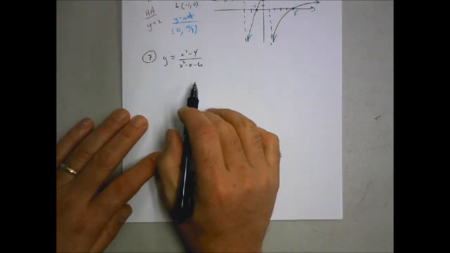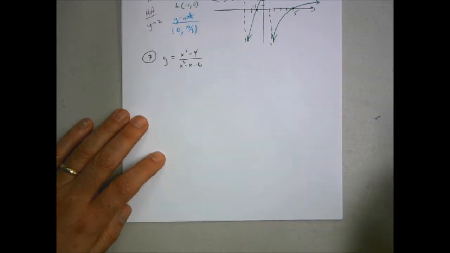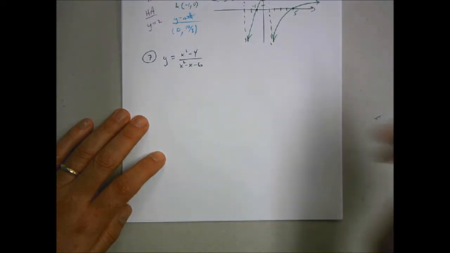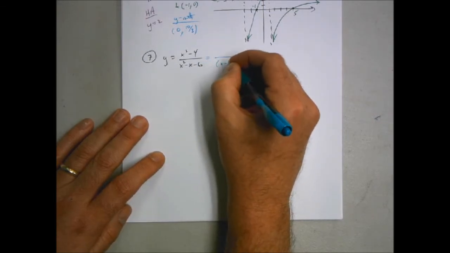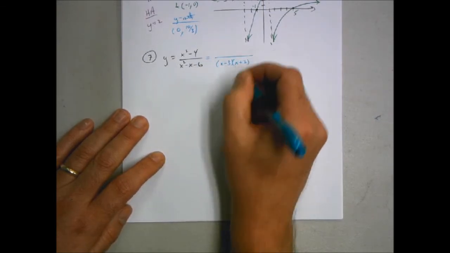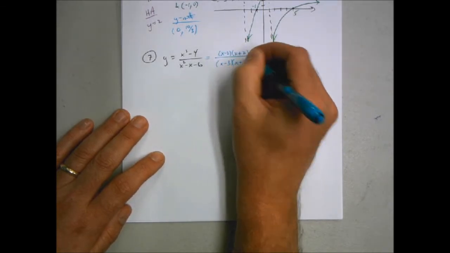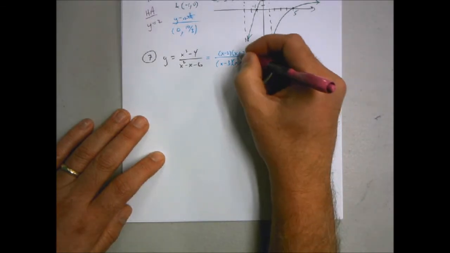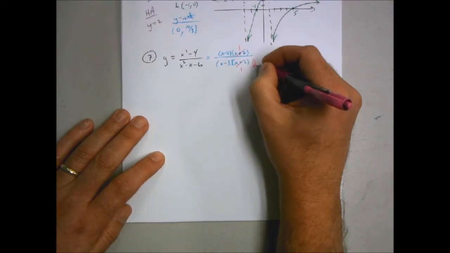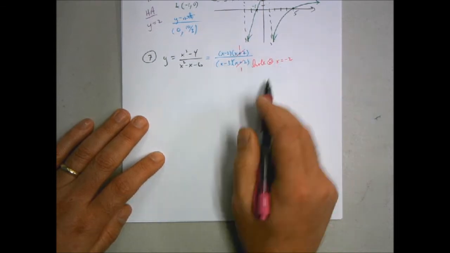We have a common factor. Means we have a hole in the graph at x equals negative 2. Specifically, negative 2, and you plug in the negative 2 into the reduced function. So negative 2 minus 2, that's negative 4 over negative 2 minus 3, and that would be negative 5. Don't leave it like that. Negative 2, comma, 4/5 is where the hole is.